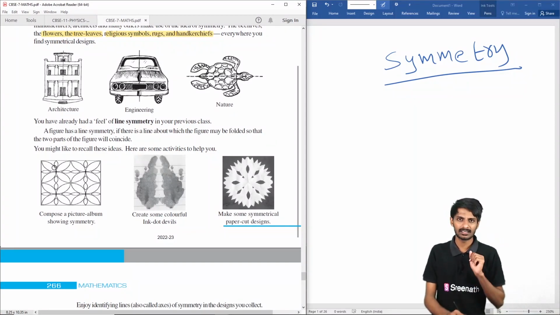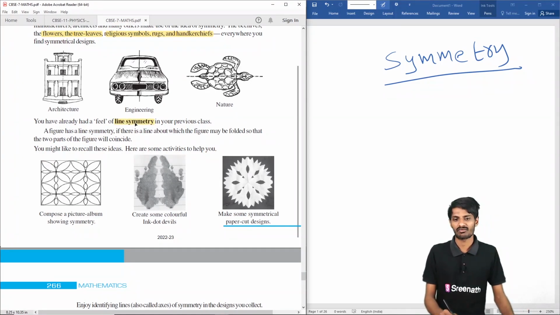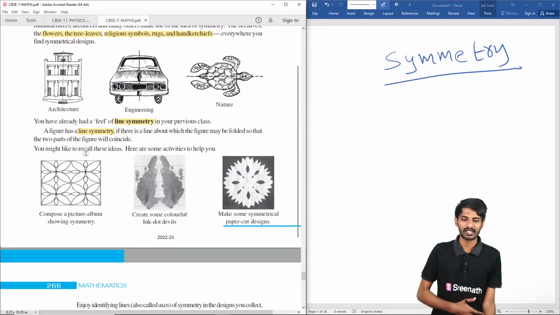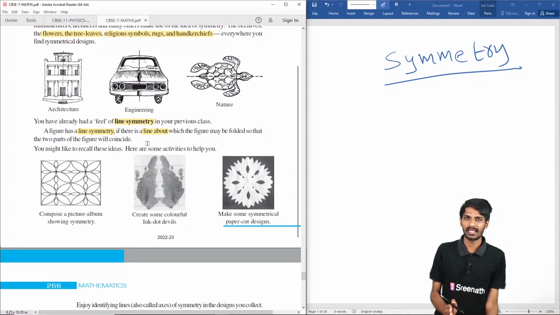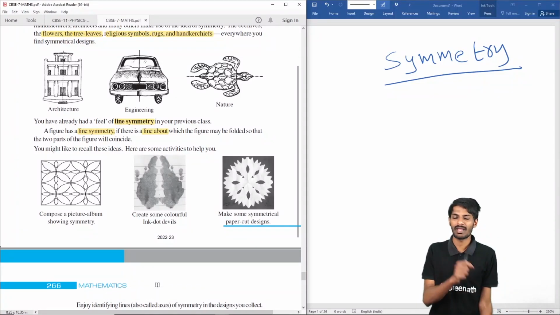Have you heard the word line symmetry? Have you already had a feel of line symmetry in your previous class? Yes, of course. In your lower class, that is in the sixth class, we discussed symmetry, line symmetry. Suppose a figure has a line of symmetry, it means if you fold about that line, then both sides of that line exactly match.